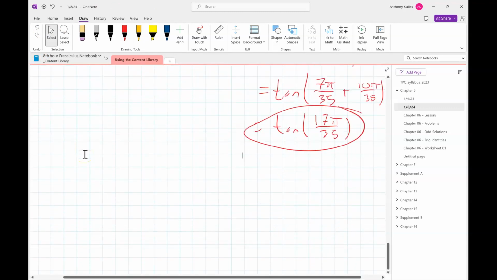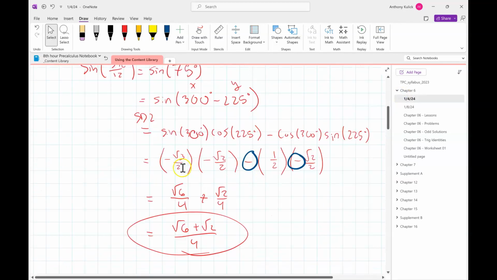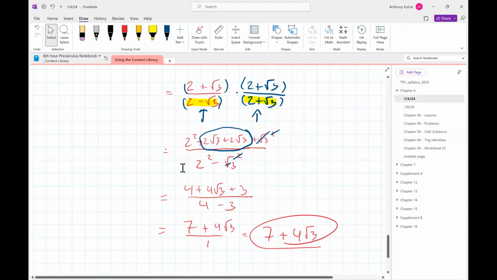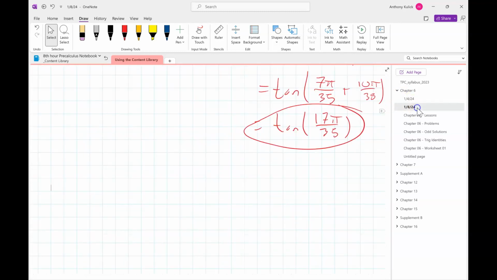Okay. Let's finish up chapter 6 here today. I think last time, let me check where we left off. We had done angle sums and power reducing. What I want to do next is do some half angle problems.